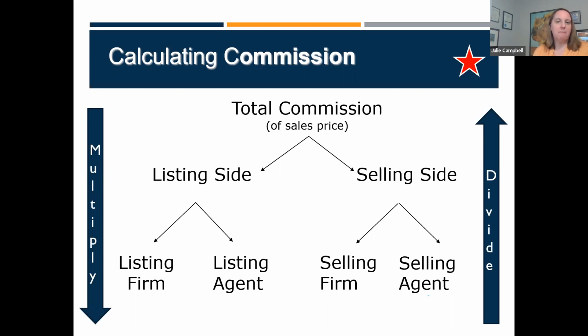So the commission math map, this is your map. Use this as a visual, okay?